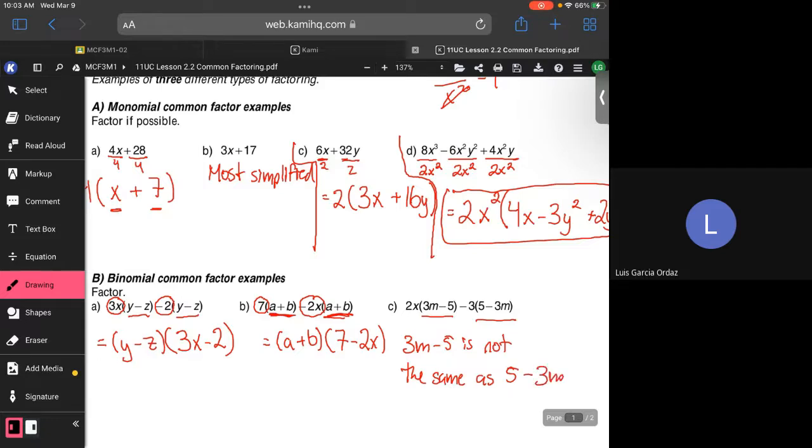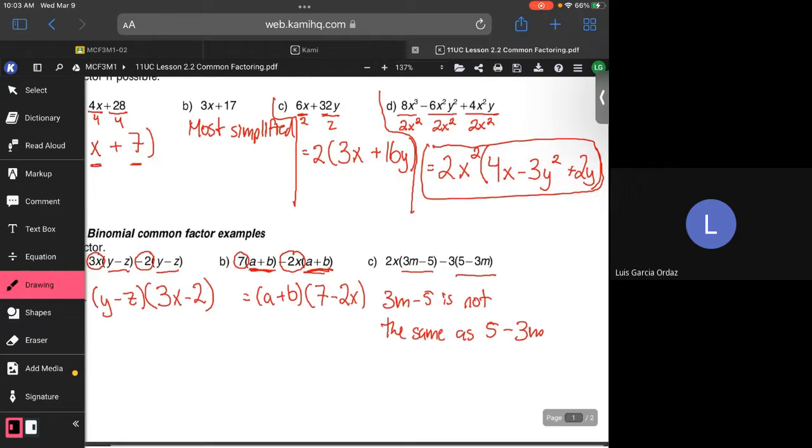Okay? So in order for those two to become the same, what do you think I need to factor out from one of them? Nope. So I need to make them the same.